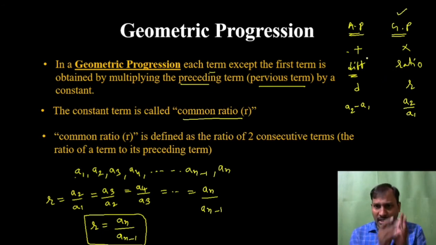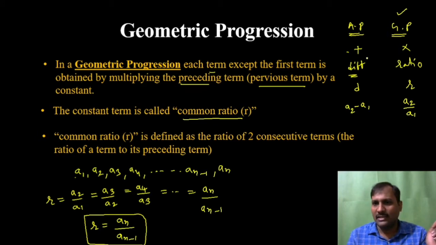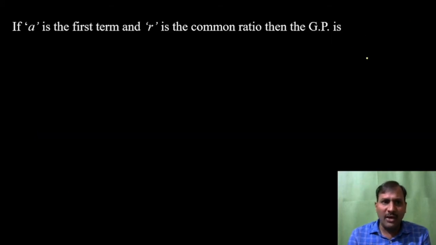In arithmetic progression, the difference between two consecutive terms is constant, whereas in geometric progression, the ratio between any two consecutive terms of the sequence is constant. Now if you take A as the first term and R as the common ratio, how will the GP be? Let us take A as the first term.